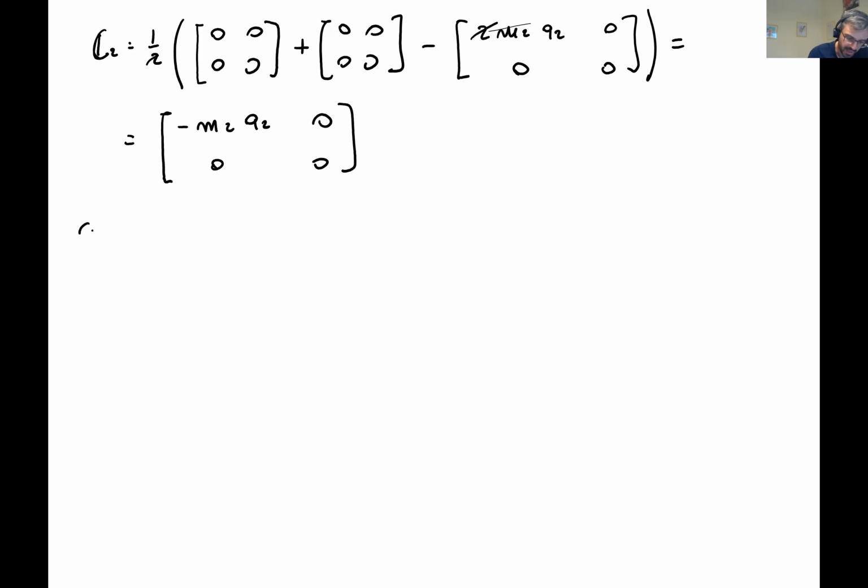Then if we multiply left and right by the Q dot vector, we get, remember, this is Q dot. Okay, we call it K.